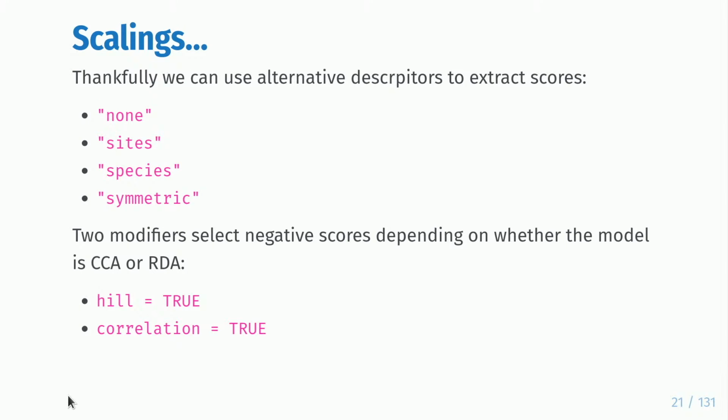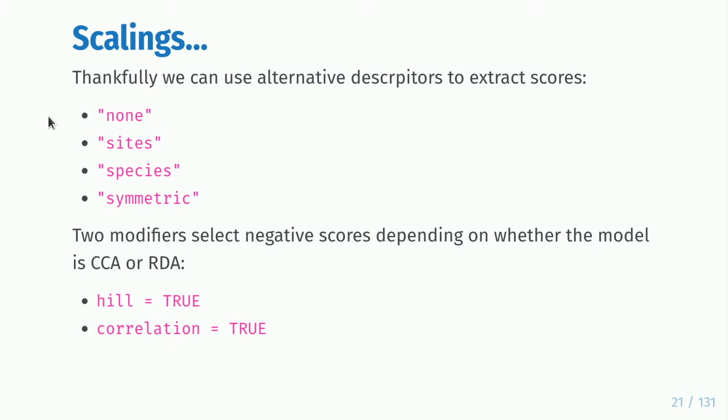Okay. Now, thankfully, we don't actually have to remember all of that. I couldn't remember all of that and kept getting confused behind them. So a few years ago, I actually went in and modified the way the scaling argument actually works. So now you can use those numbers if you want, but I can't remember them. So I wrote this thing where you could just pass in a character vector saying what kind of scaling you wanted.